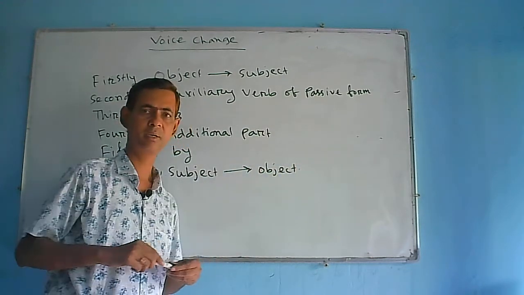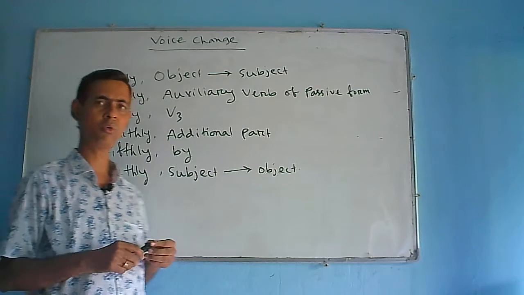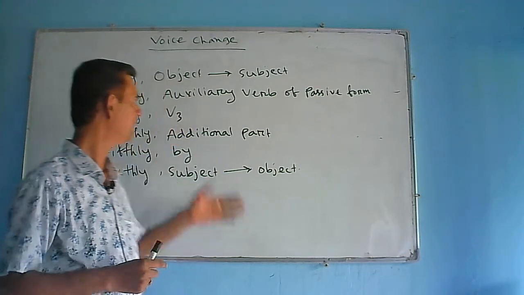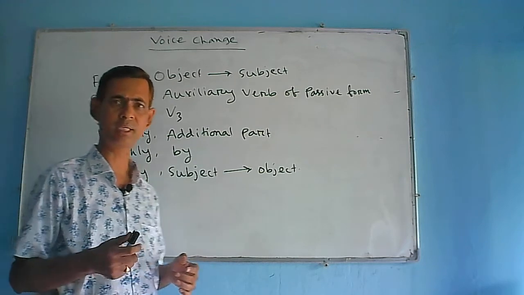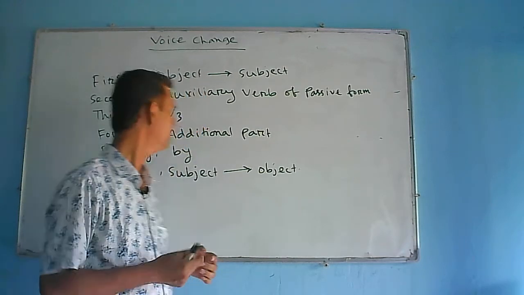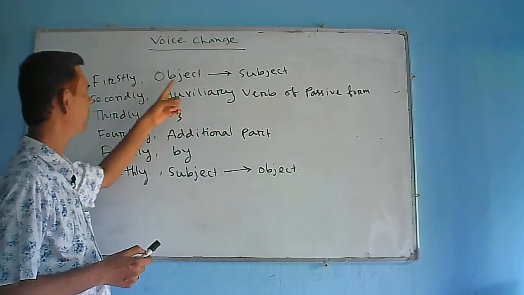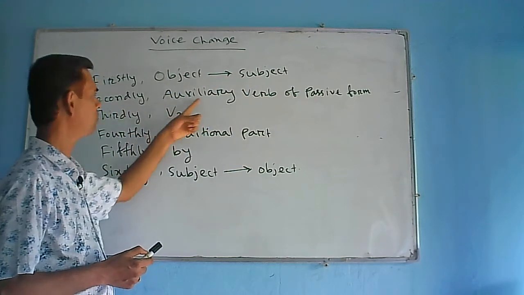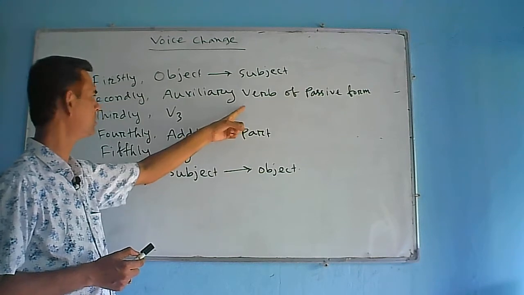Dear learners, if you want to change any active voice into passive, you have to remember these things with a view to changing it easily. Again, firstly, object will be changed into subject. Secondly, auxiliary verb of passive form will be used.